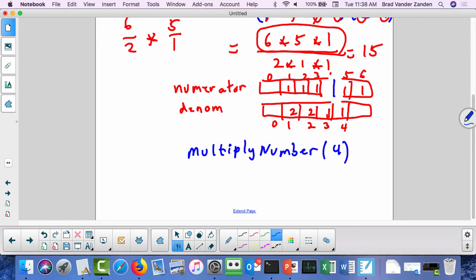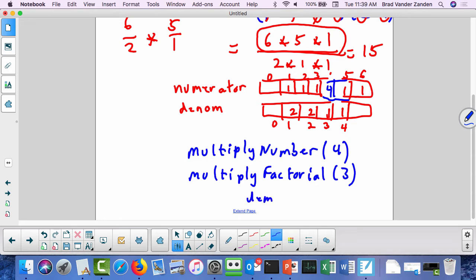Okay, if I say multiply factorial, say 3, let's say I'm multiplying the denominator now by 3 factorial. That's saying multiply the denominator times 3 factorial, which is really 1 times 2 times 3.